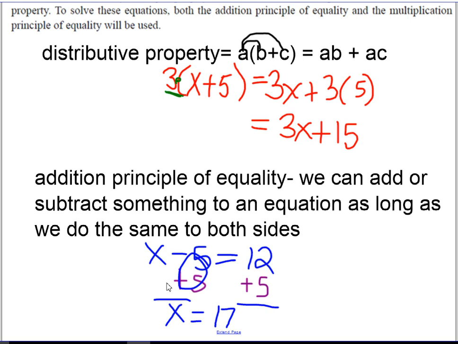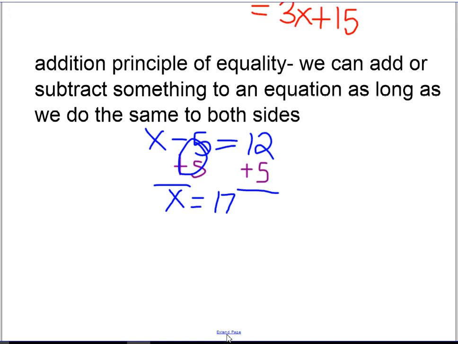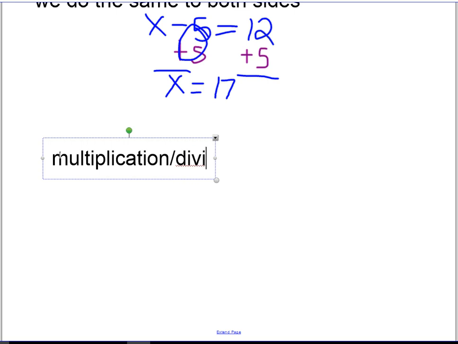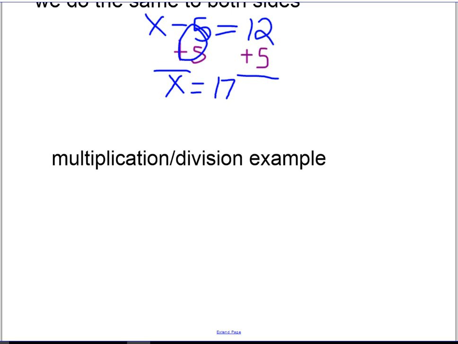And then the same thing can be done with the multiplication principle of equality. So we can multiply and divide by the same thing on both sides. And so an example of a multiplication or division would be when we are solving our proportions.